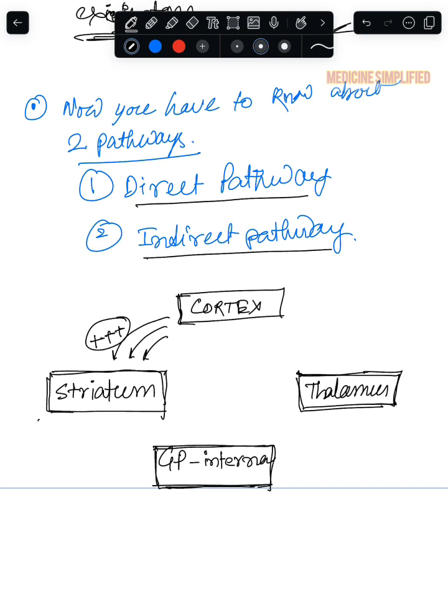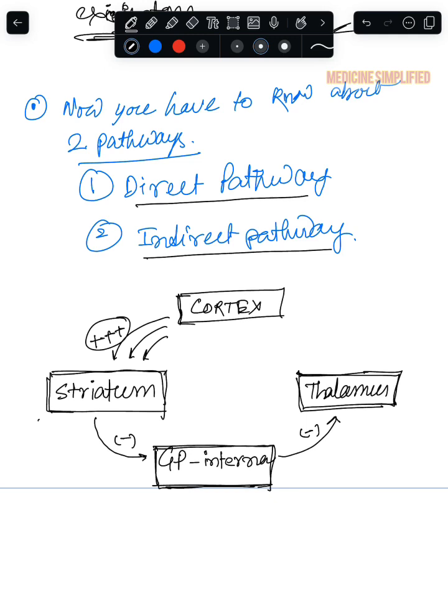According to rule number 3, all intrinsic connections are inhibitory except from subthalamic nucleus. Subthalamic nucleus is not present here, so I am excluding it from the present conversation. So now let's deal with this. Excitatory stimulus comes from cortex to striatum. Striatum normally inhibits globus pallidus interna, and globus pallidus interna normally inhibits thalamus.